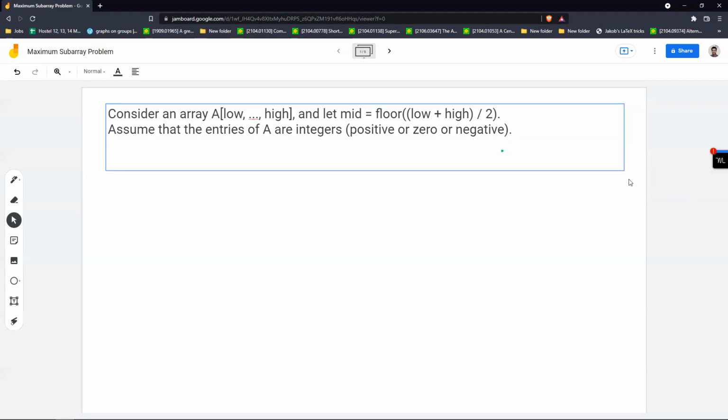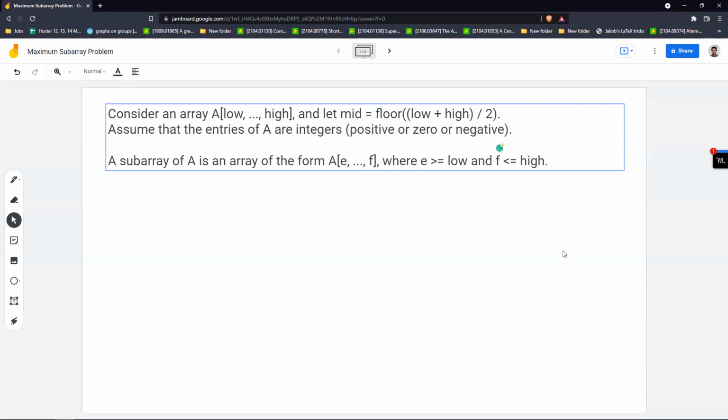So now a subarray of A, what is it? It is an array of the form A of E, dot dot dot, F, where E is greater than or equal to low, and F is less than or equal to high.